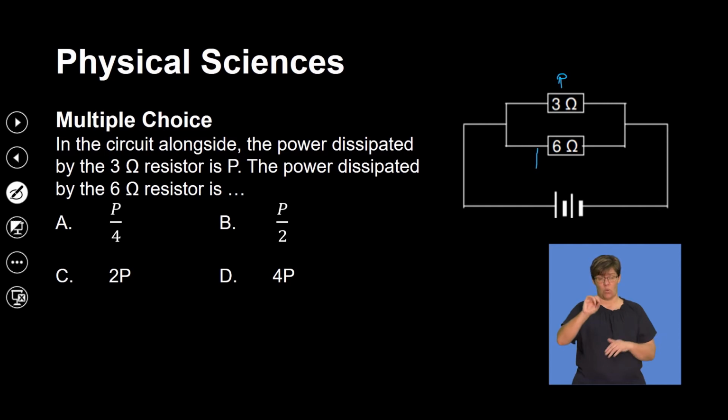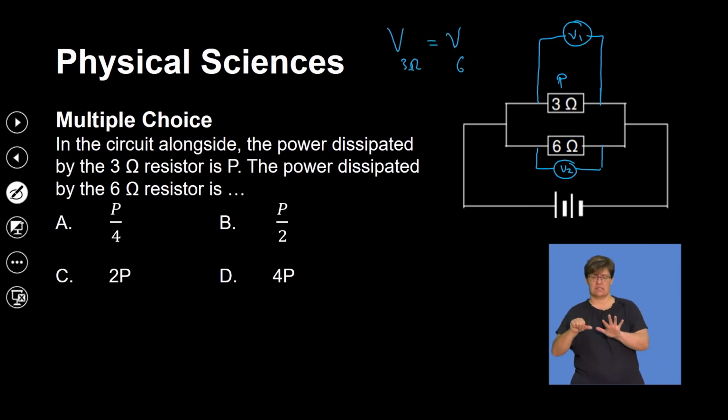We know that the voltage across 6 ohms, let's call this V2, is equal to the voltage across 3 ohms. Why? Because we're saying V across 3 ohm is equal to V across 6 ohm, because it's a parallel circuit. But the current that goes through 3 ohms is actually double the current that goes through 6 ohms.